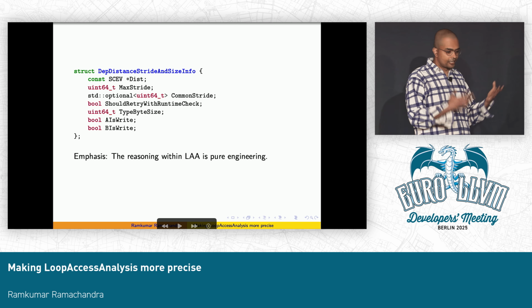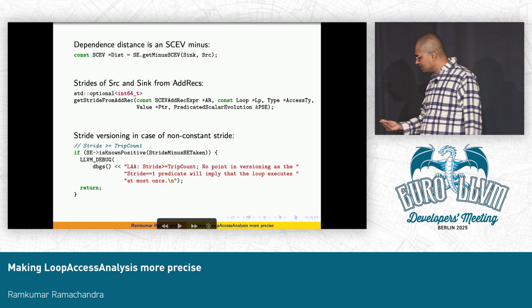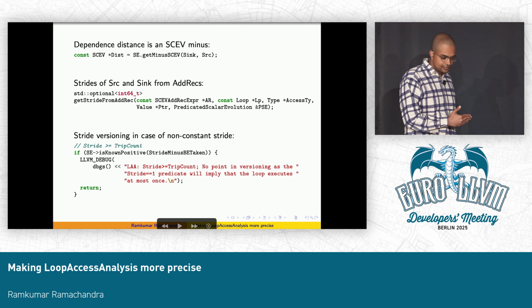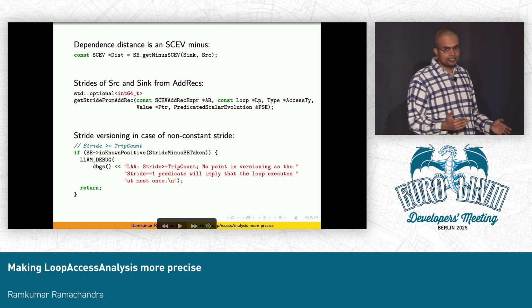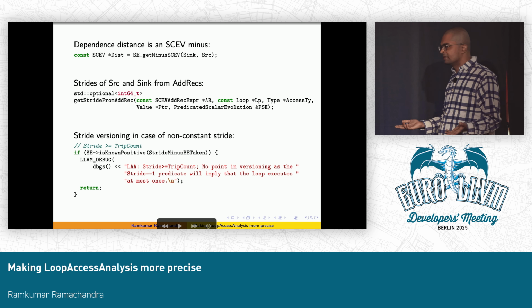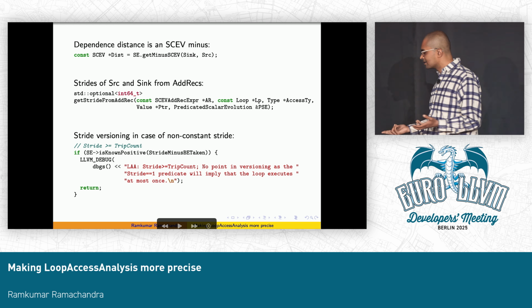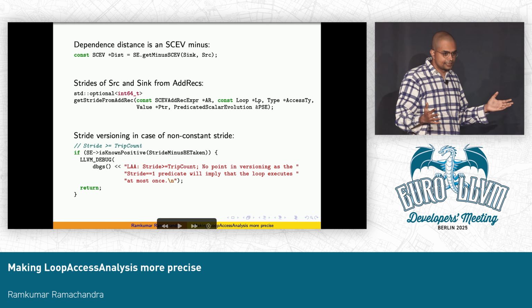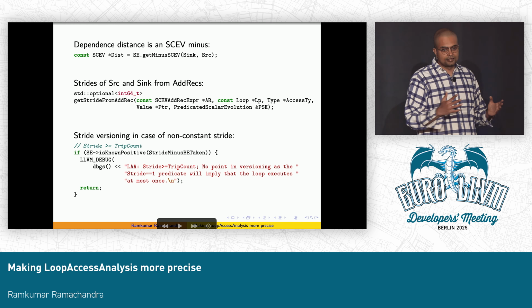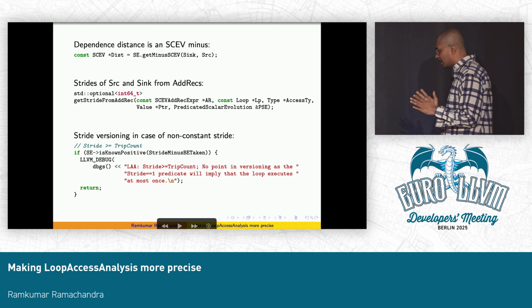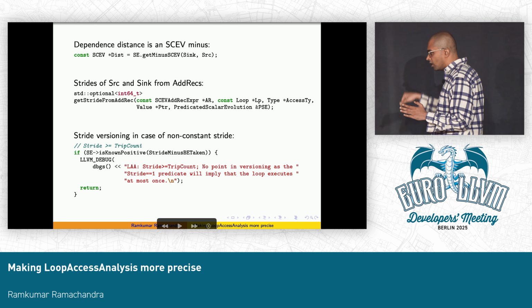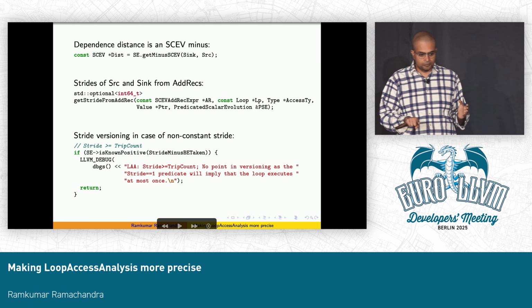that SCEV is something that does not use arbitrary precision integers. So this means that there is a certain bit width associated with it. If you have ever experimented with it, you usually ask for the trip count. It says, yeah, it's some sign extend expression or some zero extend expression. There are going to be some casts, and then plus 1 of the max backedge taken count.